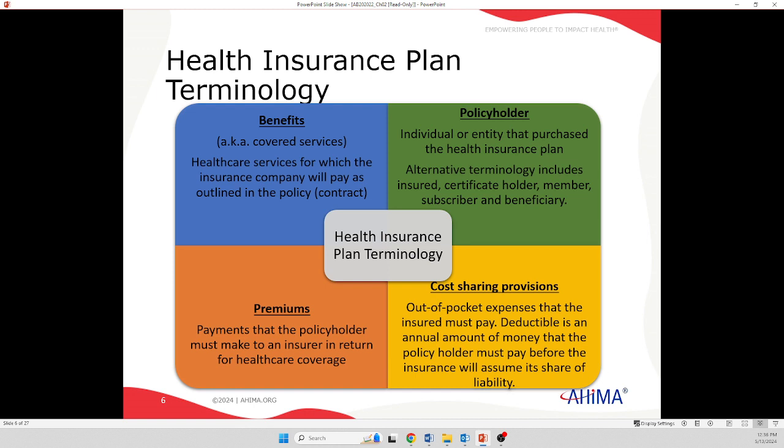Remember that is payments that the policyholder must make to the insurer in return for health care coverage. In green, we have the policyholder. That's the individual or entity that purchased the health insurance plan. Alternate terms can include the insured, certificate holder, member, subscriber, and beneficiary.